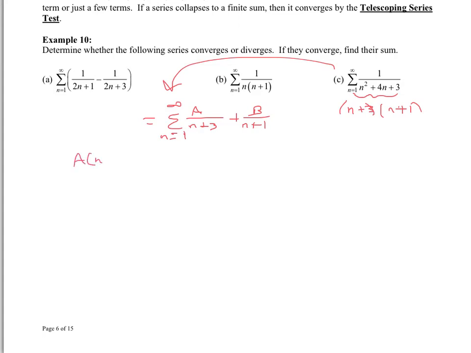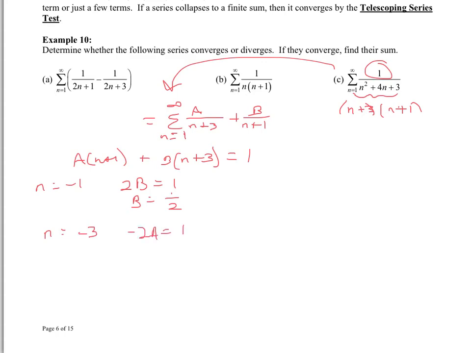So A times n plus 1 plus B times n plus 3 is going to equal 1 again. And so when n equals negative 1, the first term goes to 0, and so we'll have 2B equals 1 and B equals 1/2. And when n equals negative 3, then we'd end up with negative 2A equals 1, so that A equals negative 1/2.